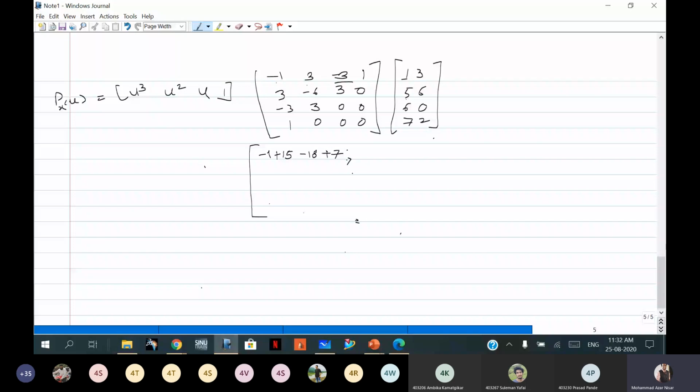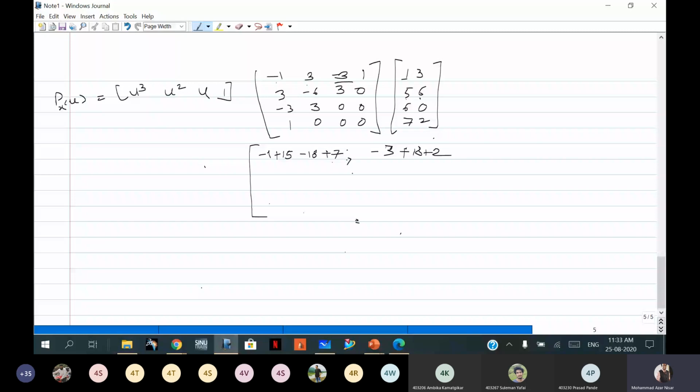Then for the value of y, -1 into 3 becomes -3, then 3 into this 6 is plus 18, then -3 into 0 is 0, 1 into 2 is plus 2. Whatever it is, it will be for y.